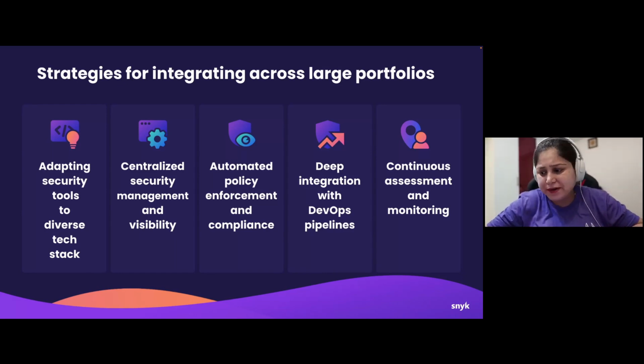The company is operating in multiple countries, each with its own stringent regulatory compliances governing data privacy and security. The application portfolio includes a range of sensitive financial data, and you can imagine this could be banking apps as well, investment platforms, and customer relationship management and whatnot.